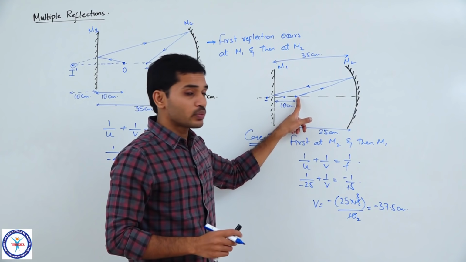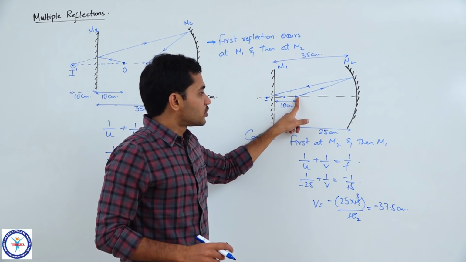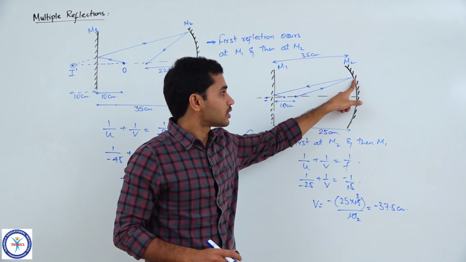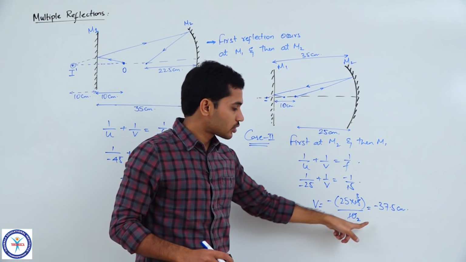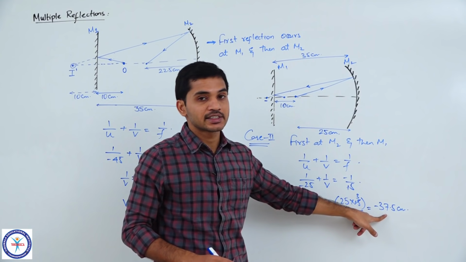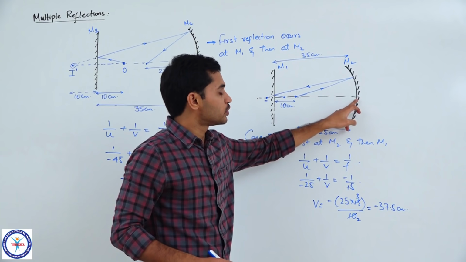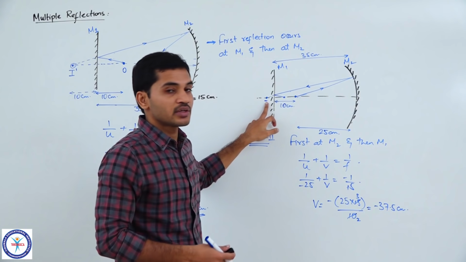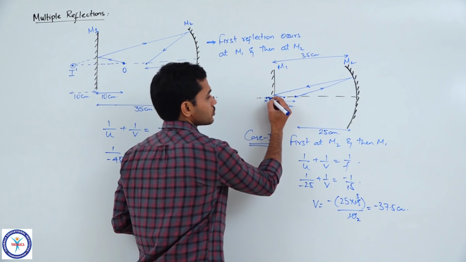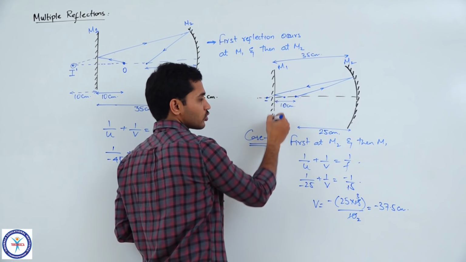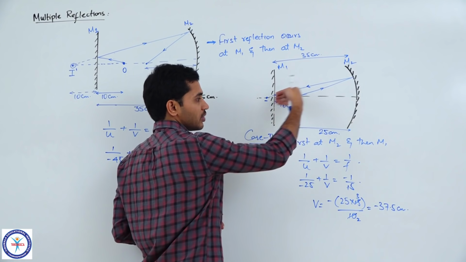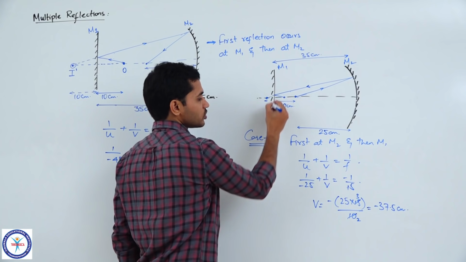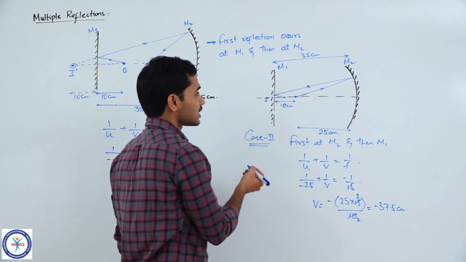I will repeat once again. The object which is placed here, the light rays travel on to the concave mirror, and the image of that is formed according to the expression which we have written at minus 37.5 centimeters, which means 37.5 centimeters in front of the mirror. This is where the image will be formed, but in the path of the light rays there is a mirror. So, the mirror will obstruct the light rays, making this the virtual object for this mirror. Now what does that mirror do?